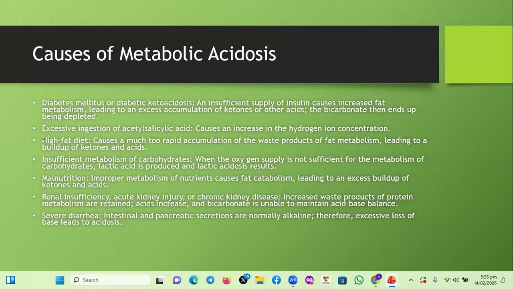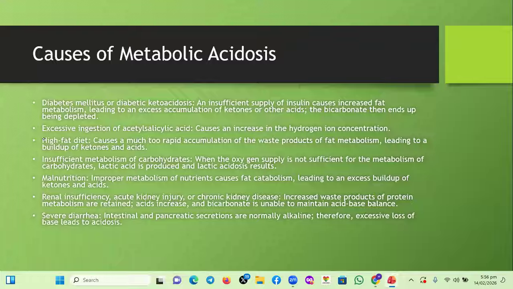In DKA, or in DM, there is insufficient supply of insulin, and that causes what we call increased fat metabolism. And so the body would then depend on breakdown of fats, and the end product of fat metabolism is ketosis or ketones. And so the ketones, which are acid, will cause the individual to accumulate more hydrogen ions, which will then lead to metabolic acidosis.